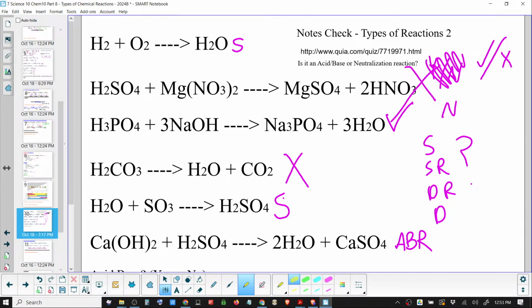Identifying a neutralization. So lots of them are not. This one was identified. What you're looking for is H. OH makes water. And then you should see the salt pair up.